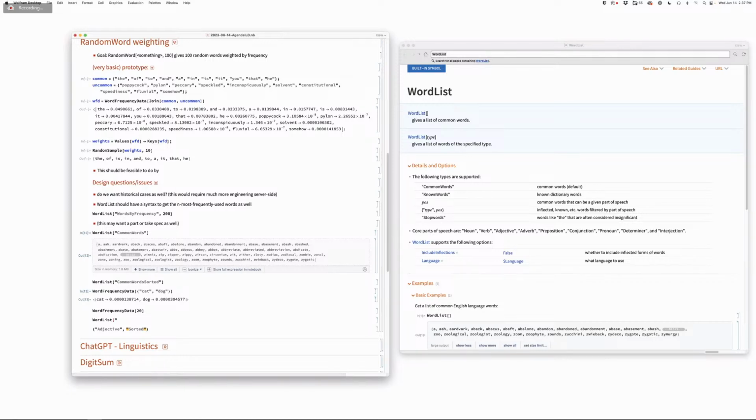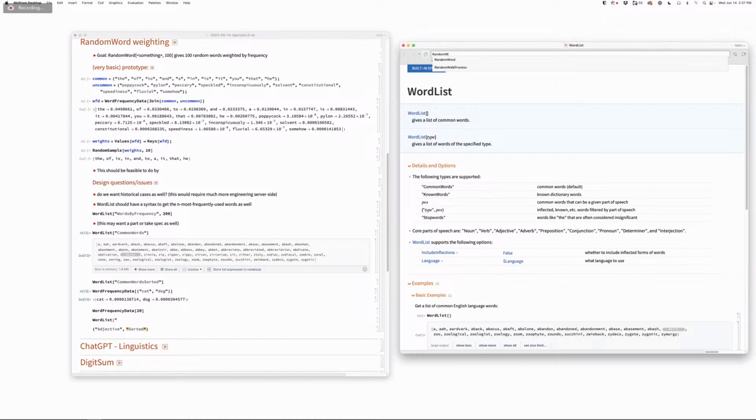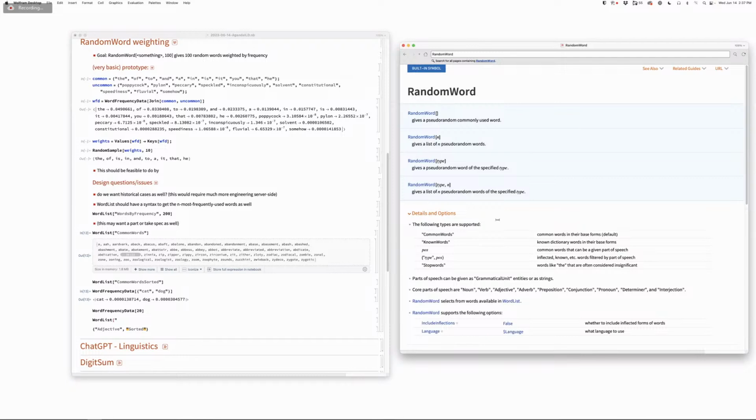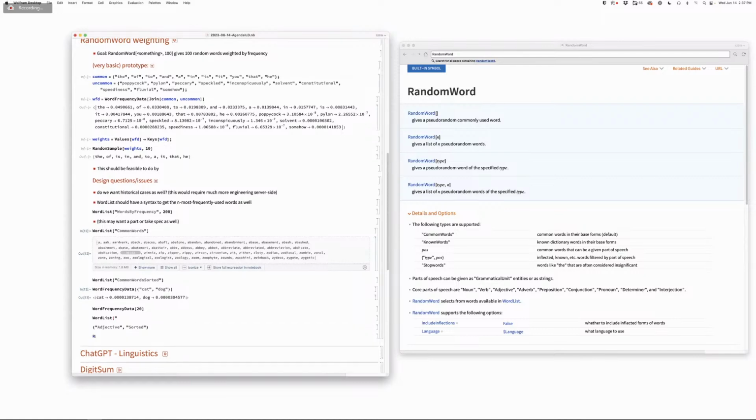Okay, let's look at random word now. I think we should just say weighted words. Or weighted, random word weighted, comma, n.